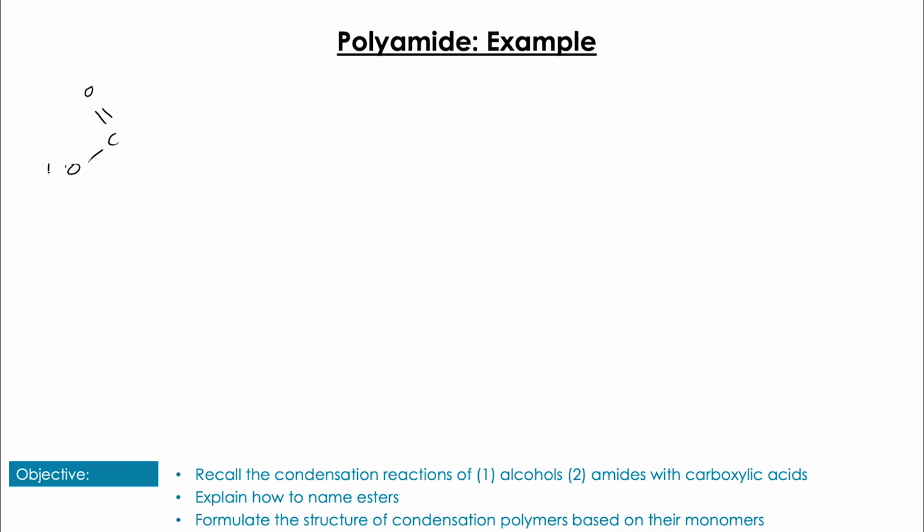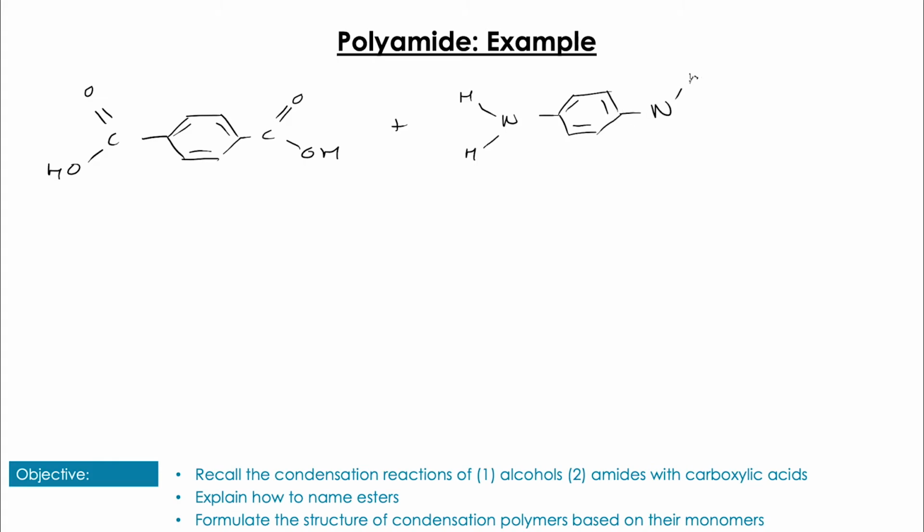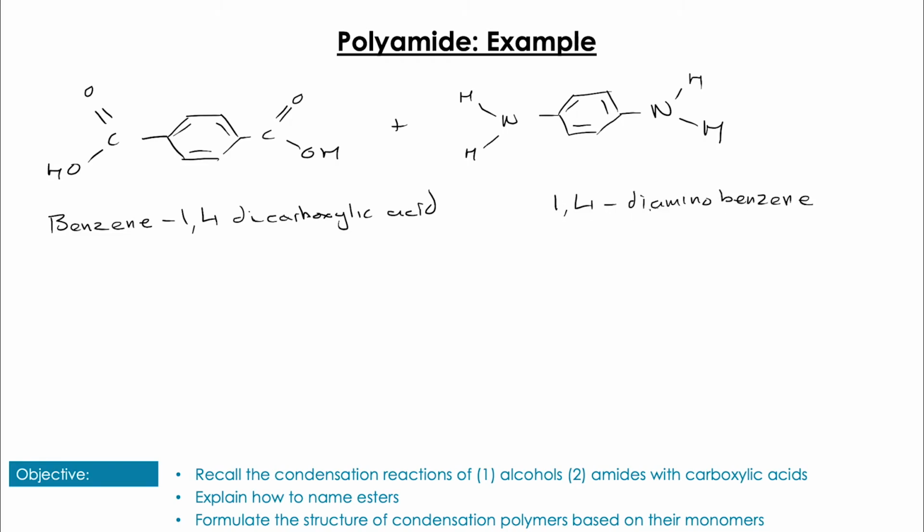An example of a polyamide we can have here is with our dicarboxylic acid with the benzene ring in the middle, and our diamine also with a benzene ring in the middle. We have benzene-1,4-dicarboxylic acid and 1,4-diaminobenzene. When these are polymerized, we just remove the water from the center, draw our square brackets.